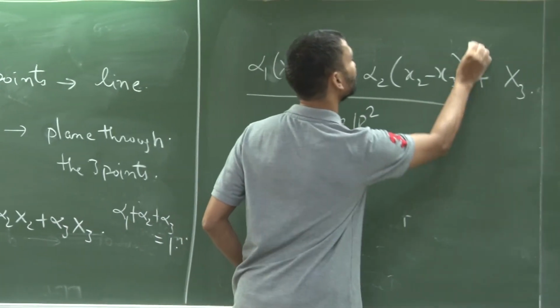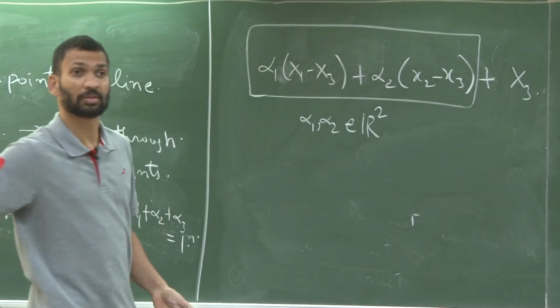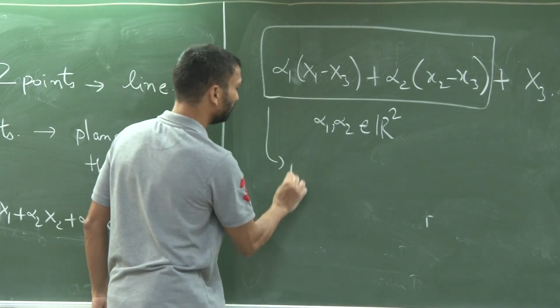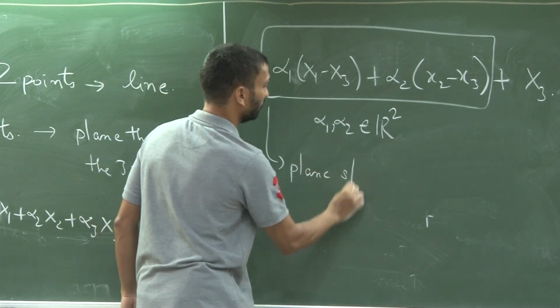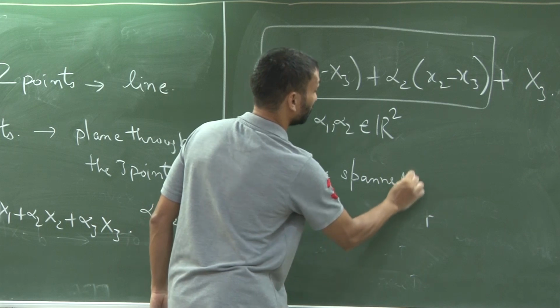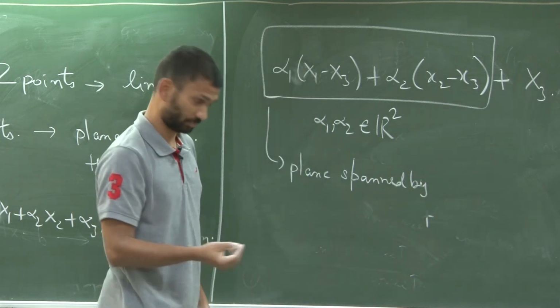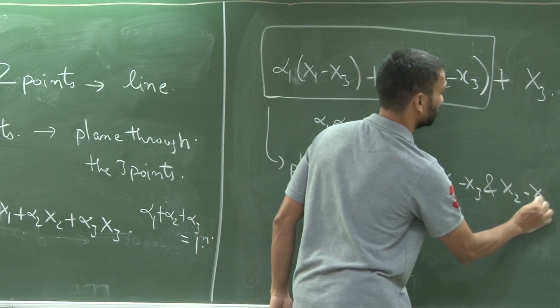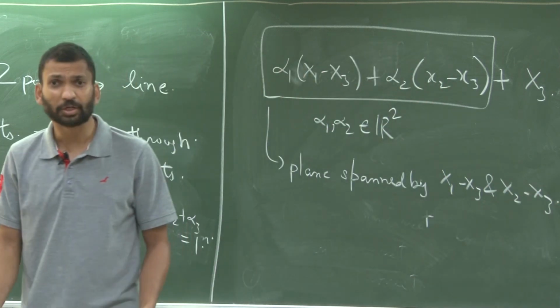What is this? This is the plane spanned by x1 minus x3 and x2 minus x3. This we already know, right?